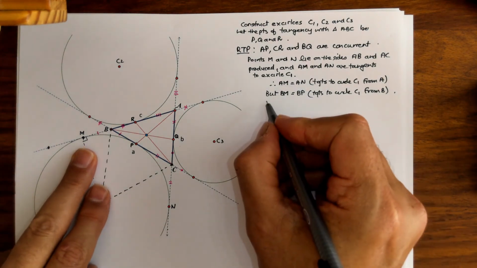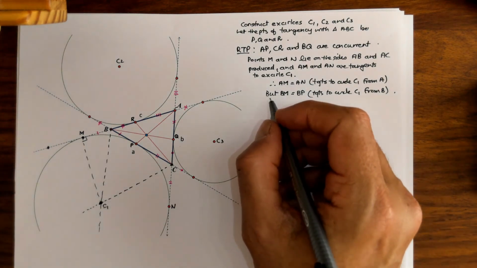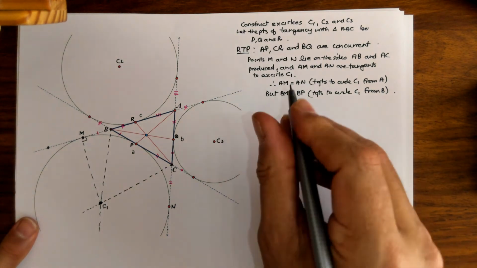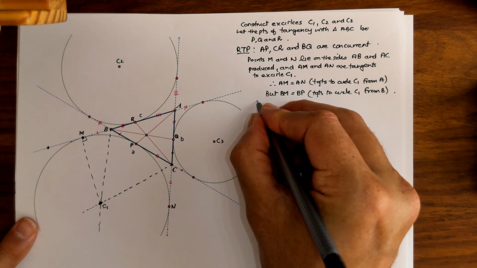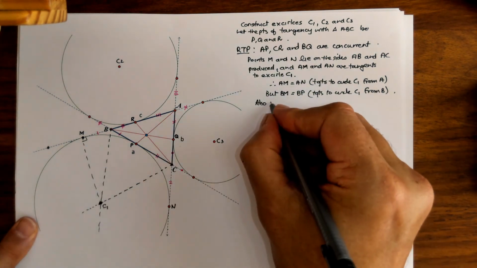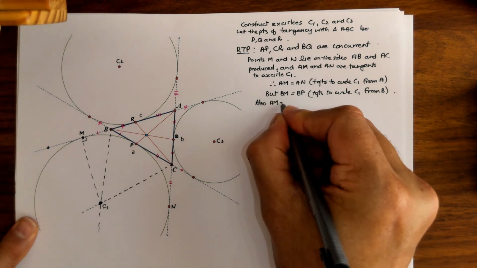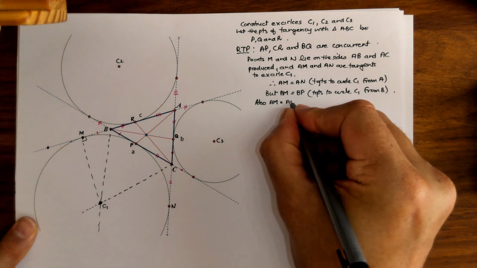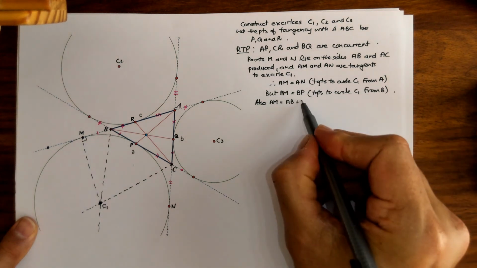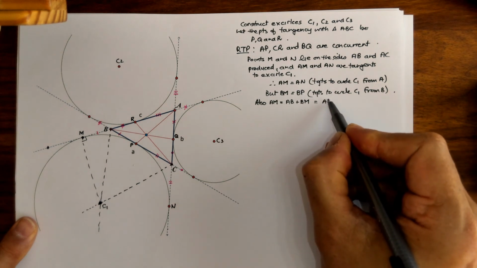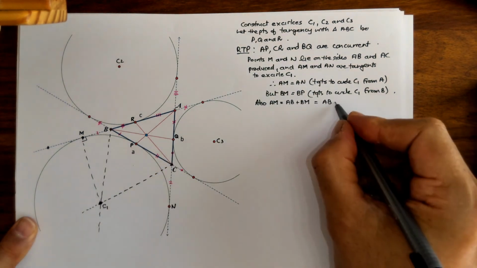So what is AM made of is what we should ask ourselves then. Also, AM is equal to AB, the side of the triangle, plus that extra length BM, which will mean it's now equal to AB plus BP.